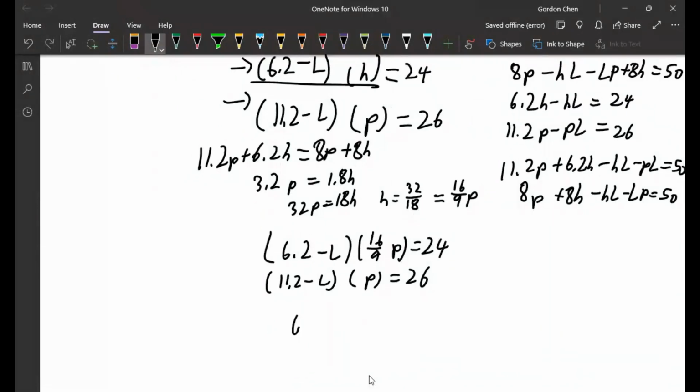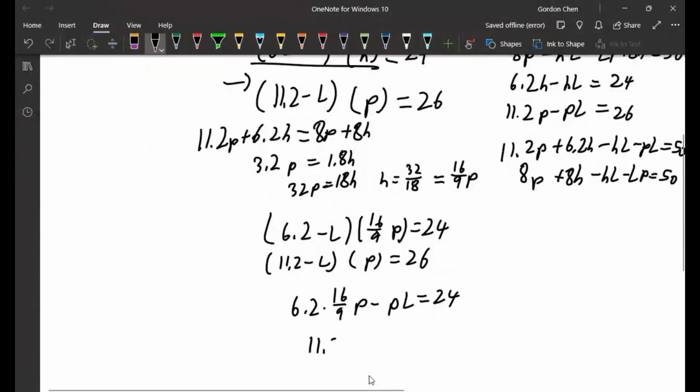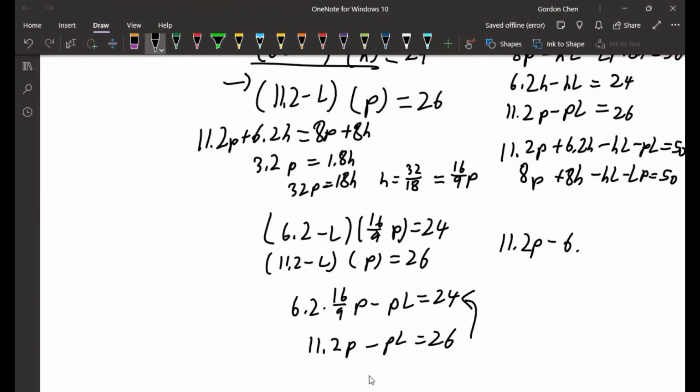So we have 6.2 times 16 over 9P minus PL equals 24, and we also have 11.2P minus PL equals 26. If we subtract, we'll have 11.2P minus 6.2 times 16 over 9P equals 2.